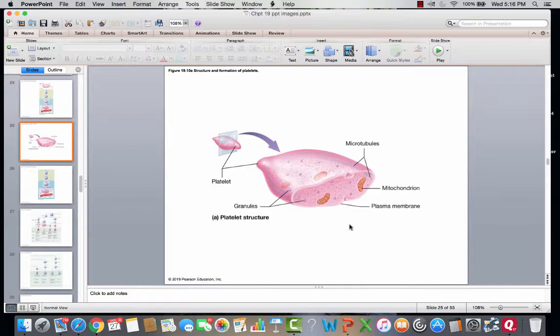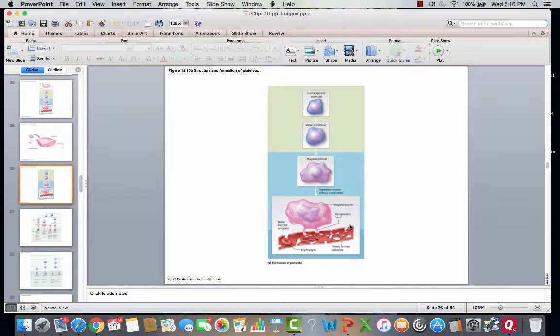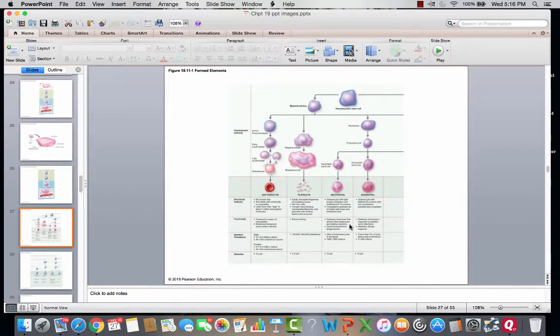If you look on page 736 and 737 in your textbook, you're going to see the whole group of cells that come from hematopoietic stem cells. Again, they've broken it down in the PowerPoint for us, but everything is on one or two pages, page 736 and 737.